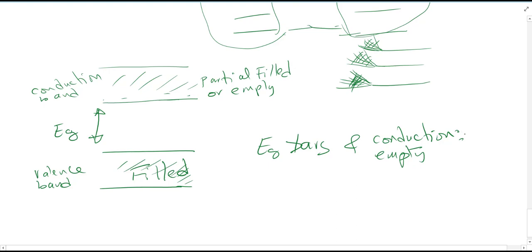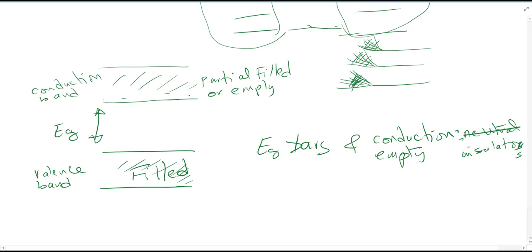This is typical of insulators. These materials don't conduct anything because they don't have any electrons in the conduction band under normal temperature. Even if you increase the temperature high enough, usually that's not enough for electrons to jump from the filled band to the conduction band. So this is typical of that.